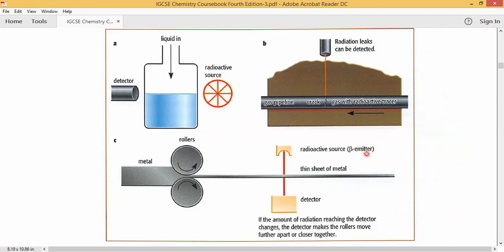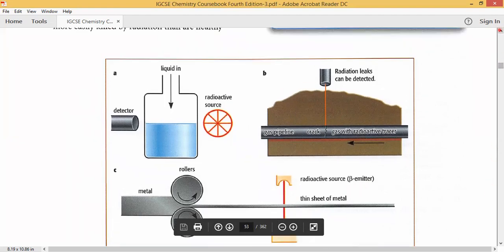Remember, beta is explained in our physics book, the nuclear physics block. Beta is simply fast moving electrons, right? If they pass through, the sheet has a specific thickness or thinness. If they aren't able to pass through, the thickness has increased. So we can easily detect it.